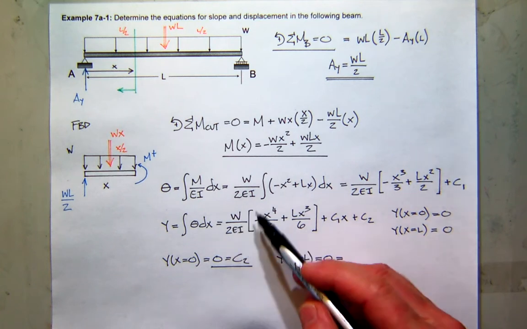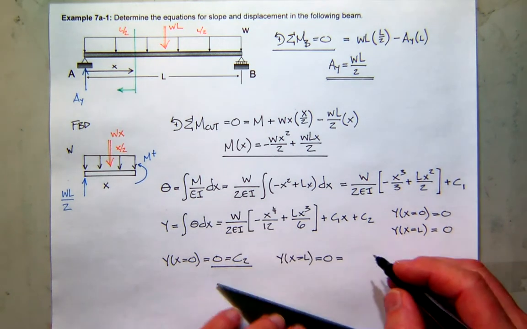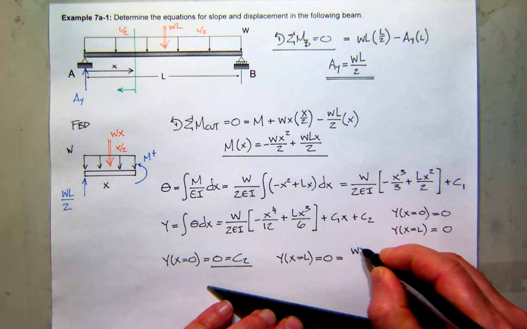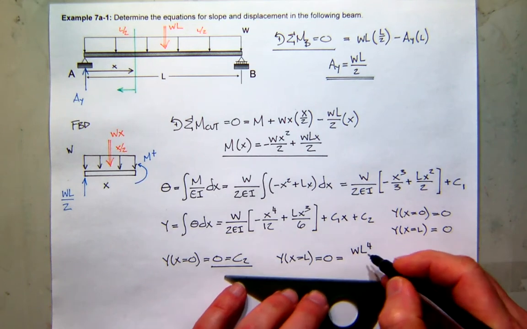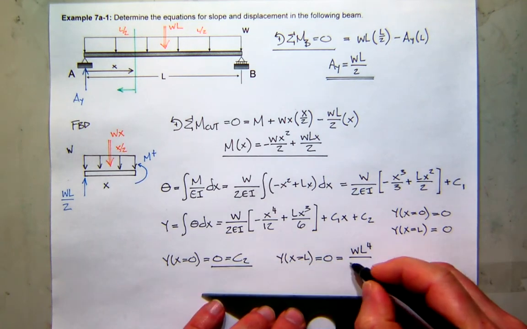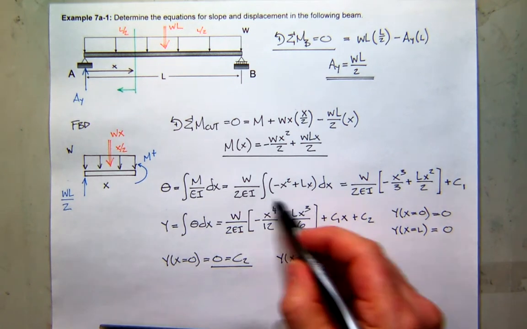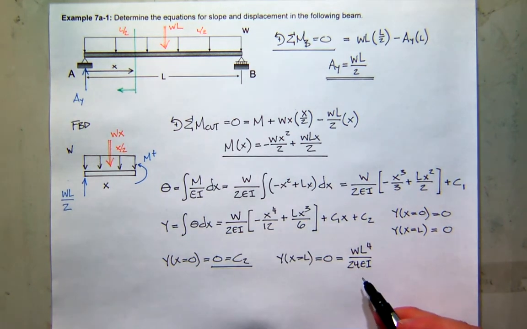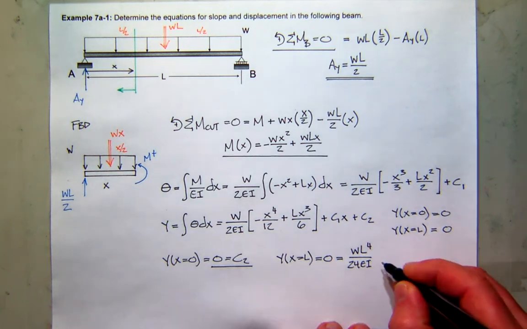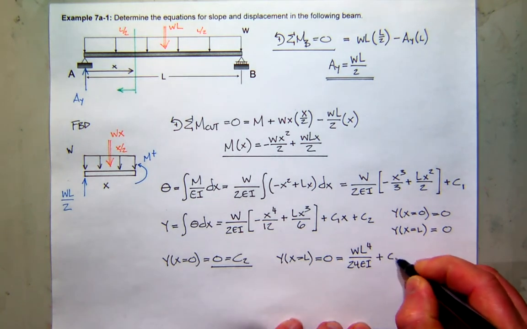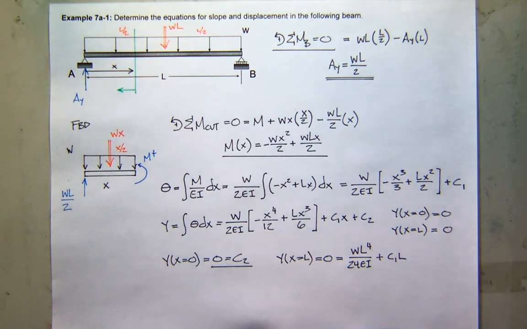And I multiply by all that, and what do I get? I get WL to the 4th over 24EI. So all of that turns into that. All right? And then I got plus C1 times L. And we already know C2 is 0.